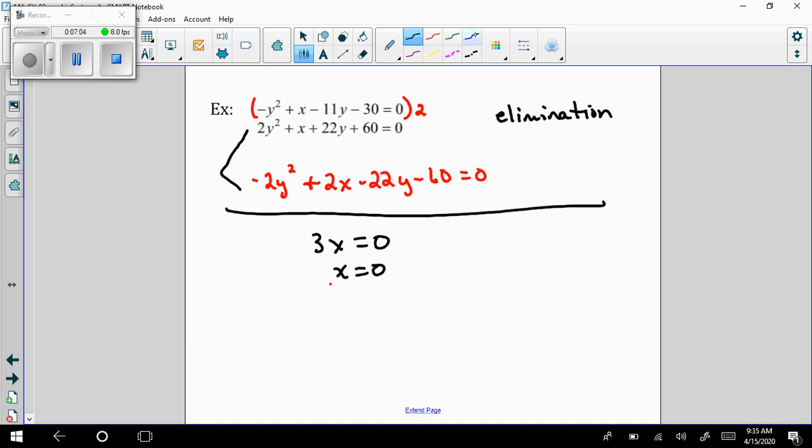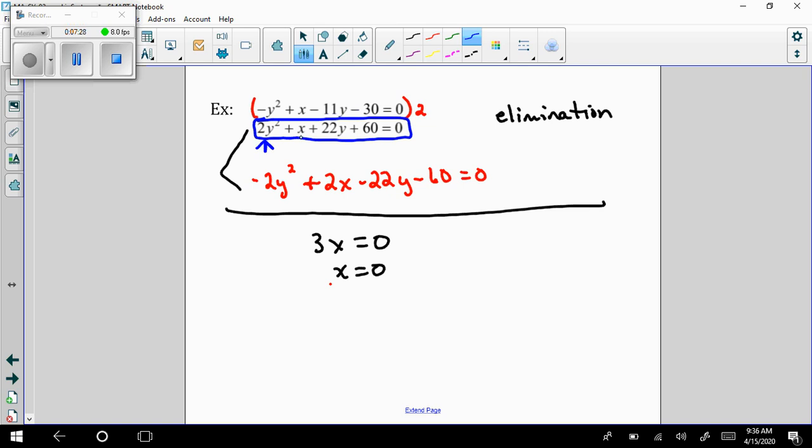Okay, so now I have to go back and pick an equation to substitute in 0 for x. So again, it really doesn't matter, but I'm going to have to use the quadratic formula, or I'm going to have to solve a quadratic. So I'm going to choose this one just because my y squared is positive.